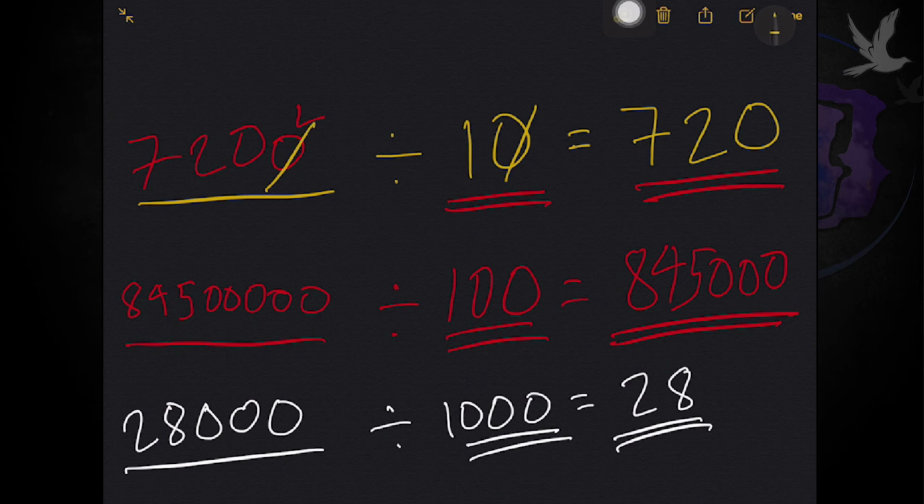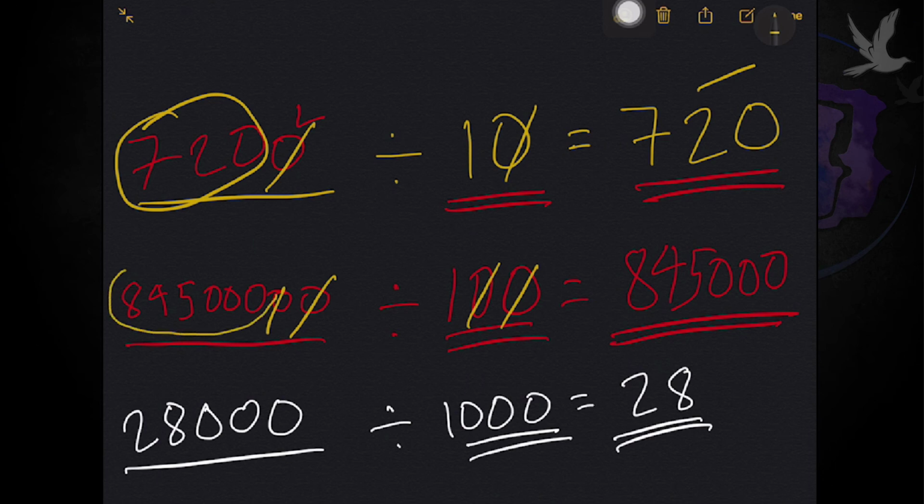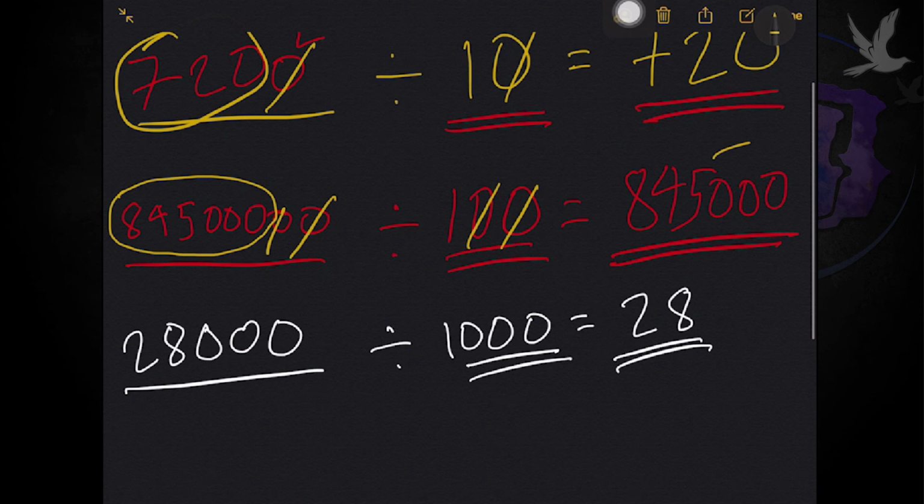Remove 1 zero, so you have 720 over here, which is the same here. 84,500,000 divided by 100, sorry. So we have two zeros, 1, 2, 1, 2 as well. So if you notice, we have the same exact answer here. And for the last one, three zeros here, 1, 2, 3, 1, 2, 3, which leaves us the same answer here.